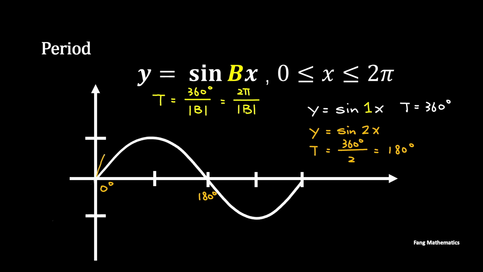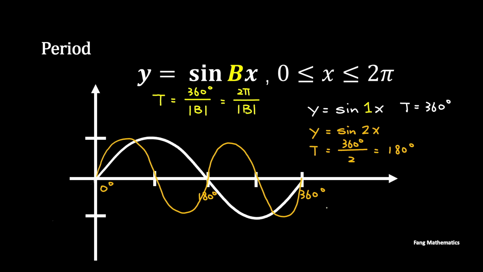Therefore, you should have a sine graph like this. And the second cycle starts from 180 degrees to 360 degrees. You repeat the cycle. And this is how the sine graph should look with the period as 180 degrees.